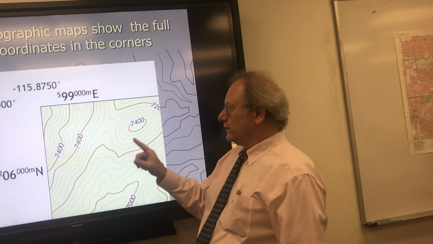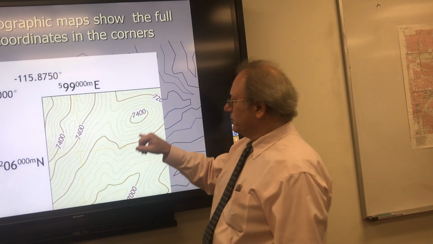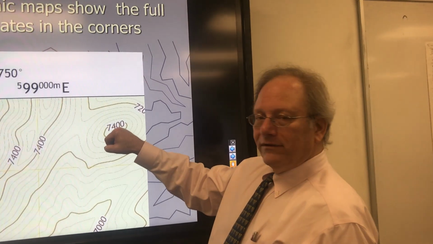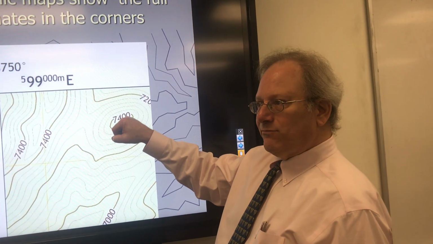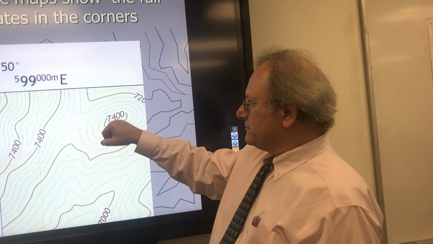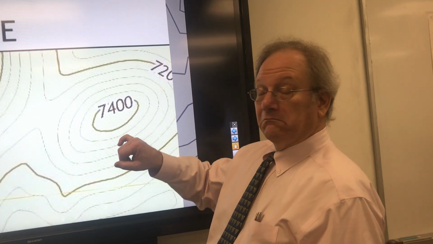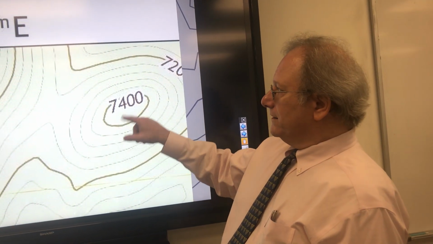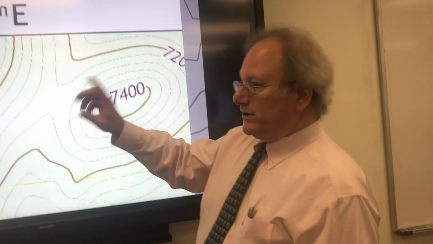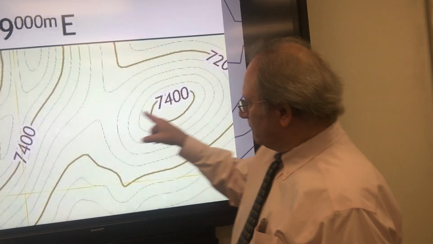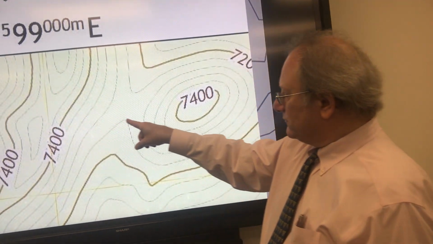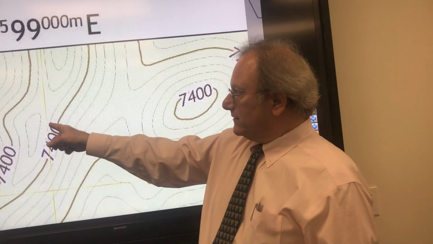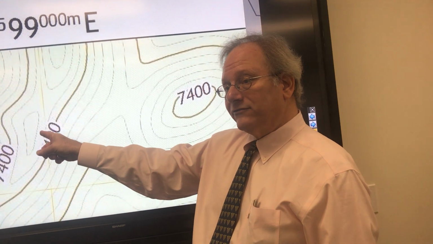And one of the things that we're going to do, and that you need to know, is figure out, for example, if you pick an arbitrary point, how many meters east is this point? Some arbitrary point here. If we know the scale of the map, to figure out the easting of this point, what we need to do is measure east from this line. We know this line is 599,000 meters east.